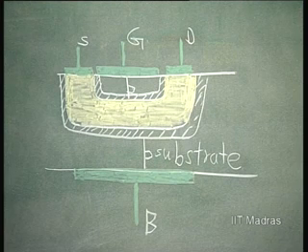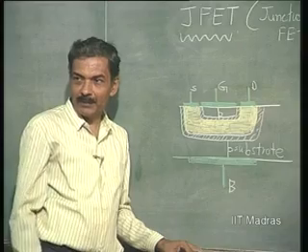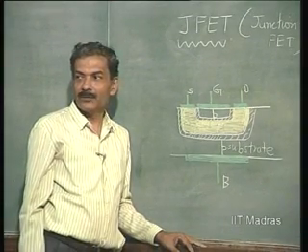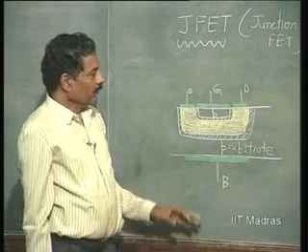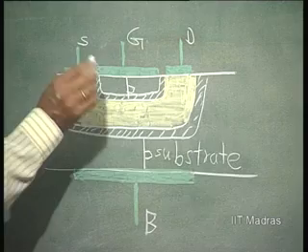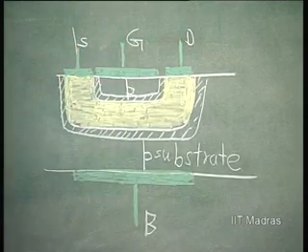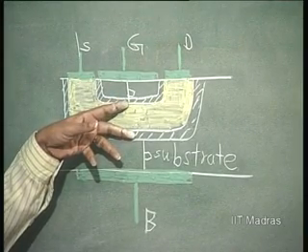Okay. Now, how do we really make this a field effect transistor? Obviously by pinching off. So, please remember this pinching off is the characteristic of a field effect transistor to work in the active region. Now let us say for VGS equal to 0, the channel depth is going to be this much.